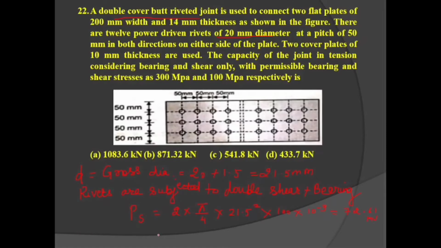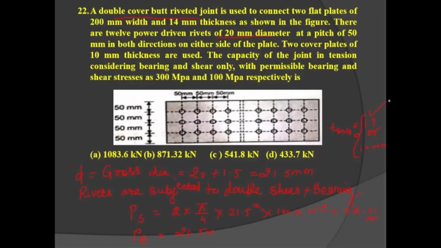Similarly, for PB, the projected area is D into T minimum. Now T minimum is either 14 mm, or 10 plus 10, that is 20 mm, the sum of cover plate thicknesses.